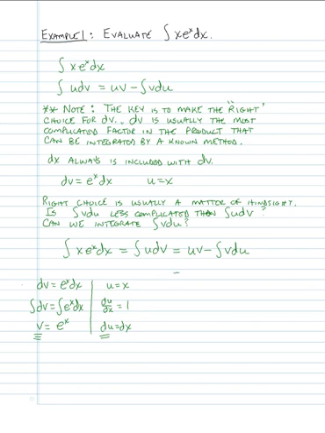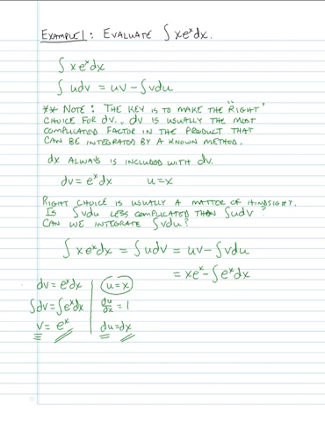So we go back to our formula. Well, u is x. So we put x in this place. v is e to the x. So we replace v with e to the x minus the integral of v. Well, v is e to the x. du. Oh, well, du is dx. We have that right down here.